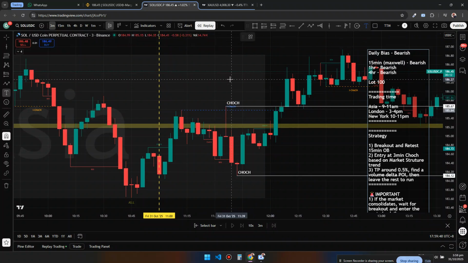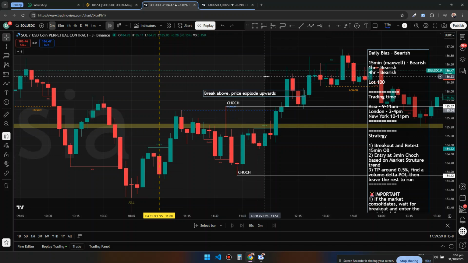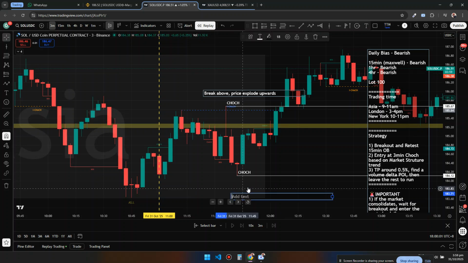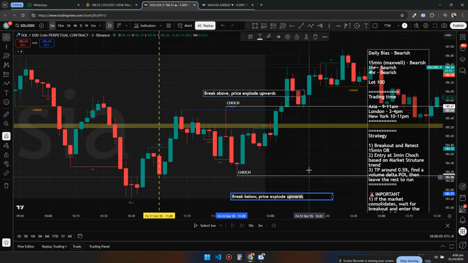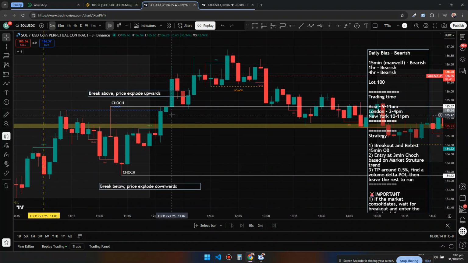So when price breaks above, price will explode upwards. Price breaks below, price explodes downwards. So this is how I learned something yesterday, and it did really happen today on Solana.